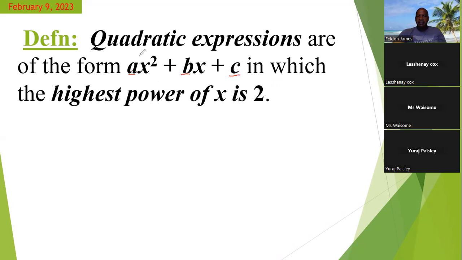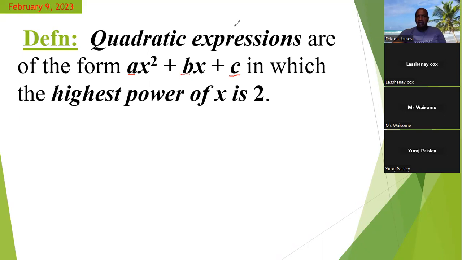So generally speaking, when we look at a quadratic, it will have this similar form where you have a variable raised to the power 2, the same variable raised to the power 1. You're going to have a number in front of the variable to the power 2, a number in front of the variable to the power 1, and then you're going to have a number by itself. That's the general look for a quadratic.